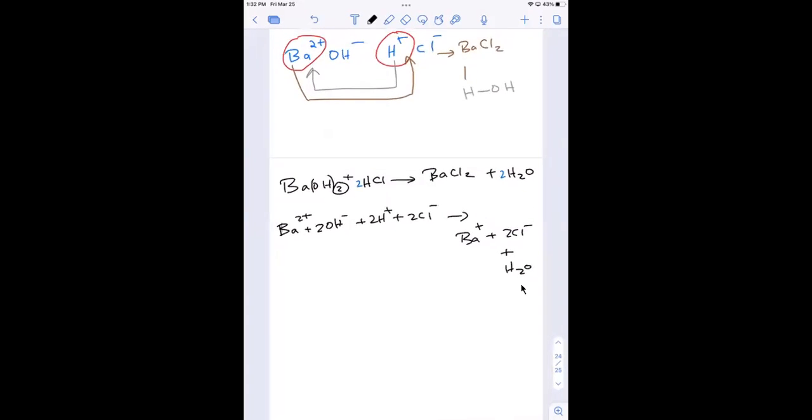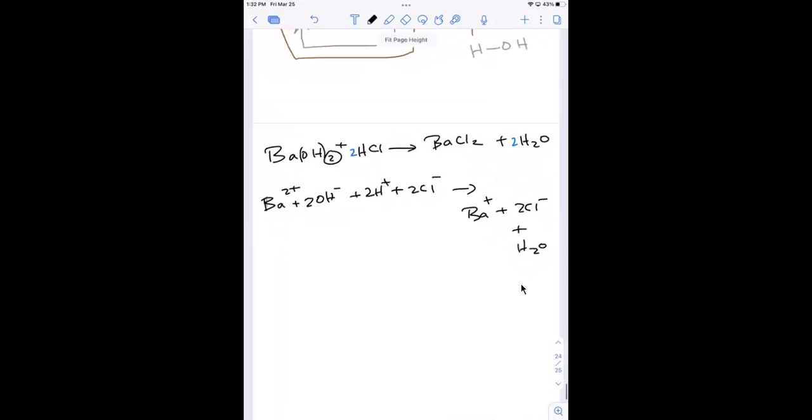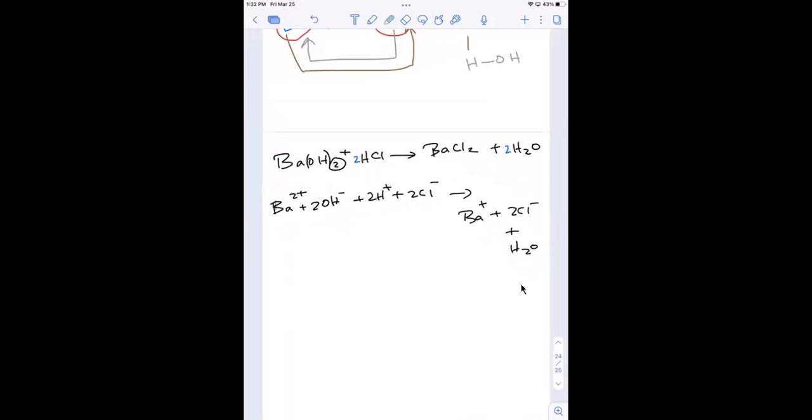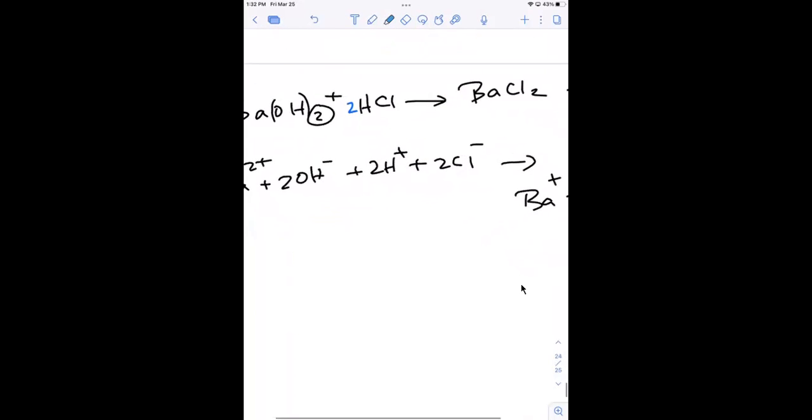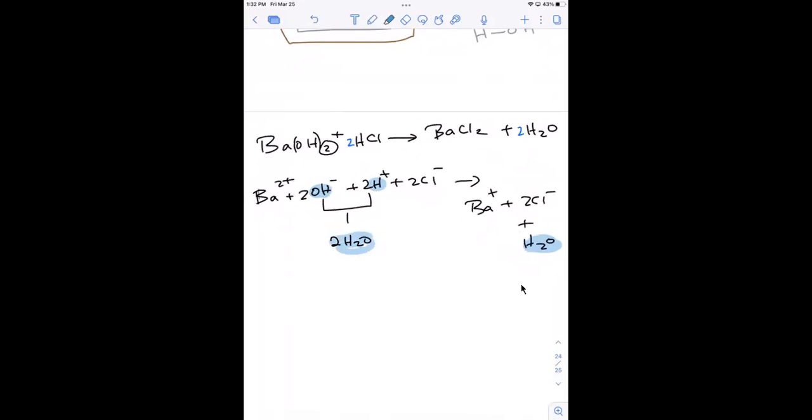All right. And then we can cancel our spectators. So water is on this side. And if we join up the 2 OHs with the 2 H pluses, they're going to combine to give me 2 waters anyway. So we can cancel out our spectators, which in this case is just water on both sides.